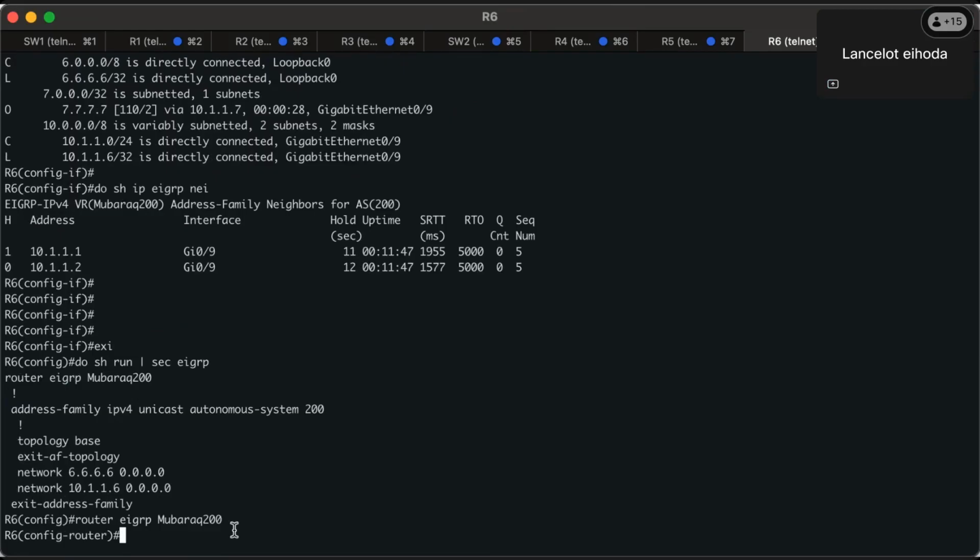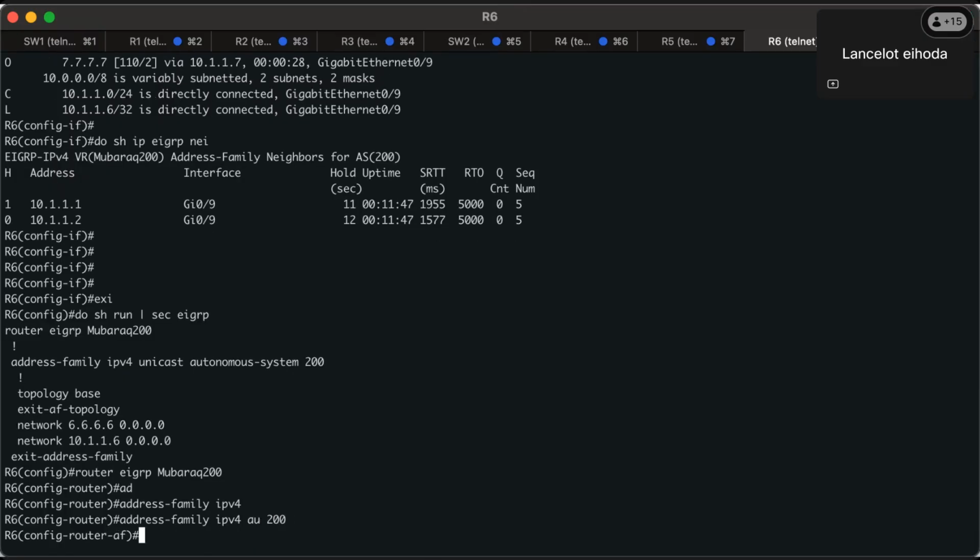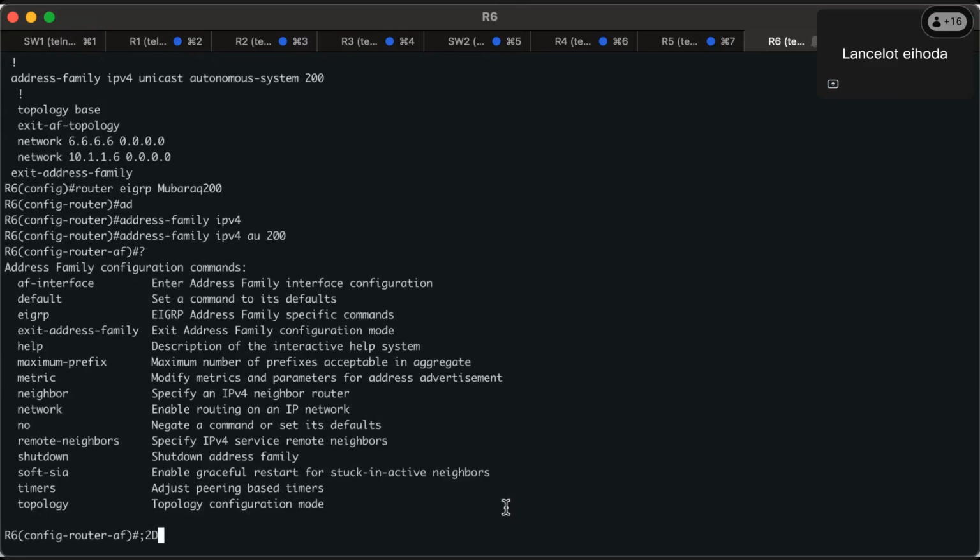Let's specify the address family IPv4, autonomous system 200. You cannot just come up over here and do it. Under that topology, that is where you actually get to work on it. So you don't have the redistribute command here. So you need to go under the topology base.